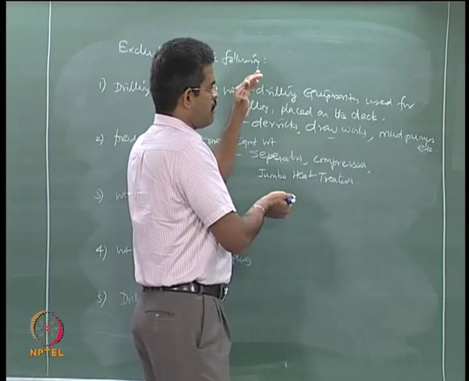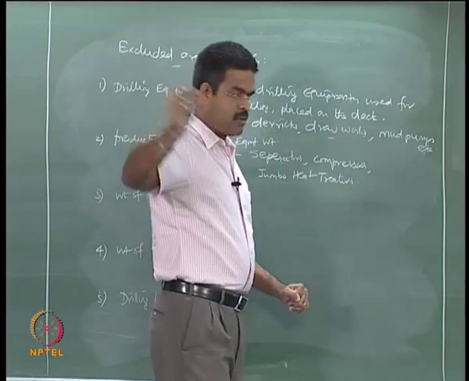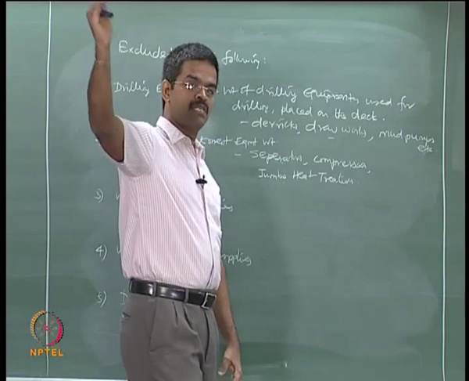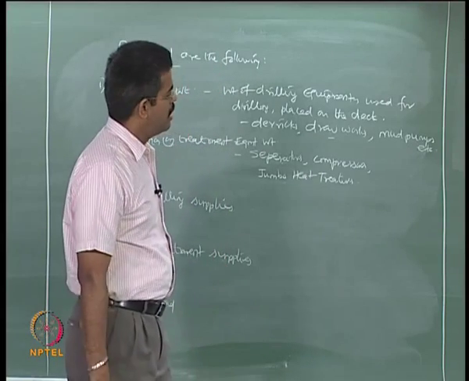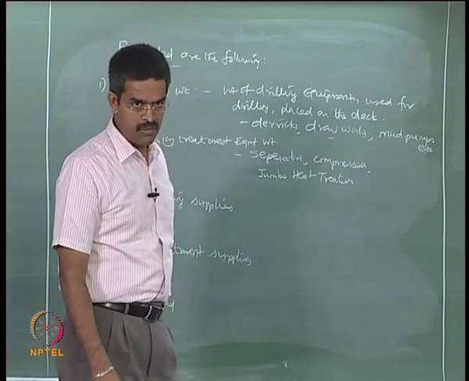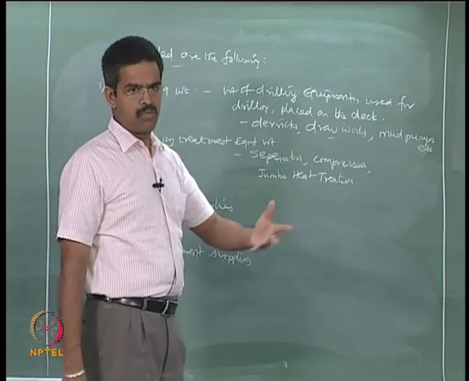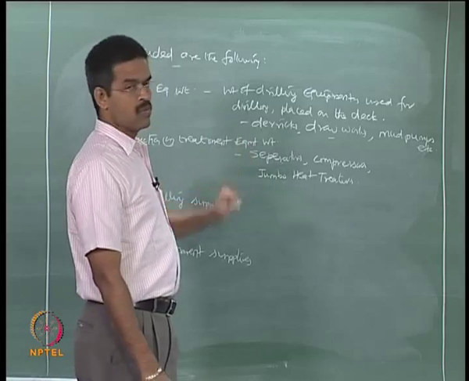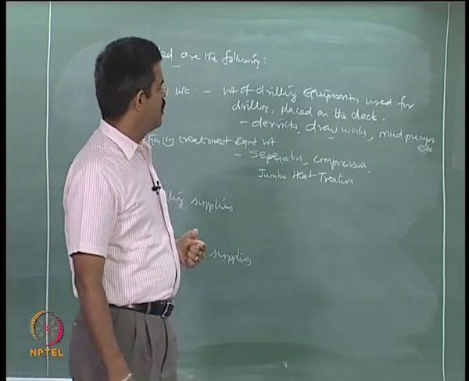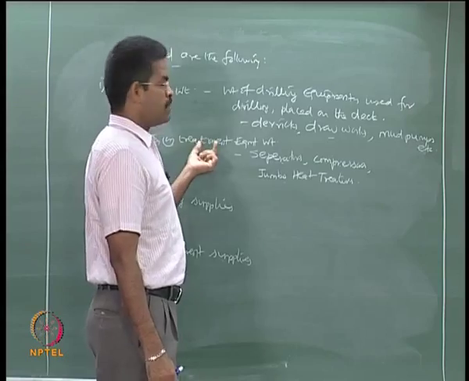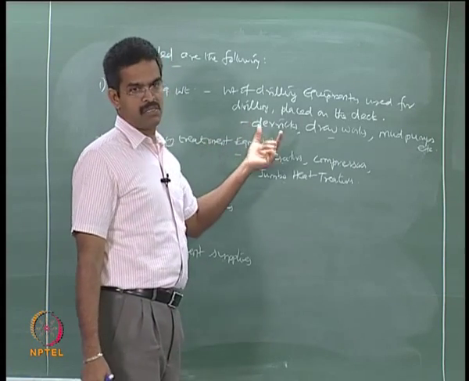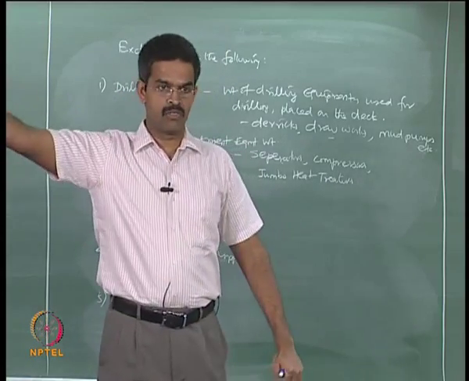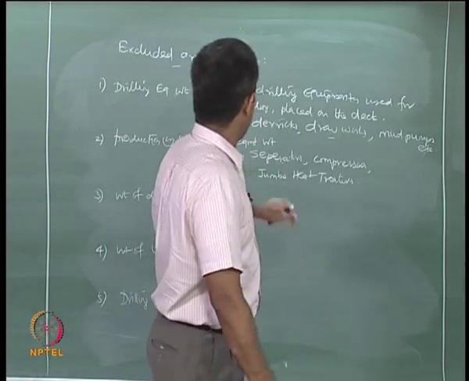I am talking about a marine structure somewhere offshore, about 100-200 kilometers away from the coast, somewhere in the middle of the sea where the water depth is about 1500 meters. I am looking for oil exploration at a depth of about 1000 meters. My platform cost is very, very high, the service life is only 10 to 15 years. Why should I invest in treatment plants on the offshore system itself? Why can't I simply explore the oil and keep on transporting it to the onshore and do all these treatments onshore?